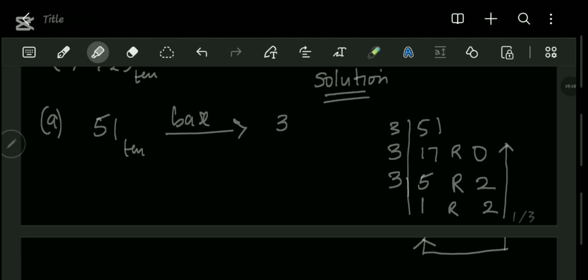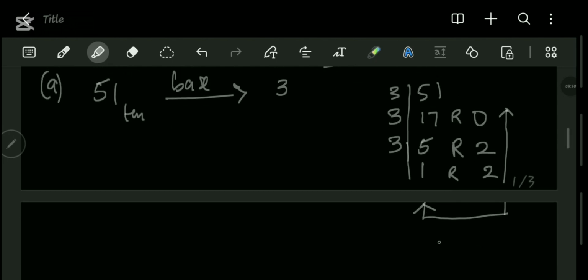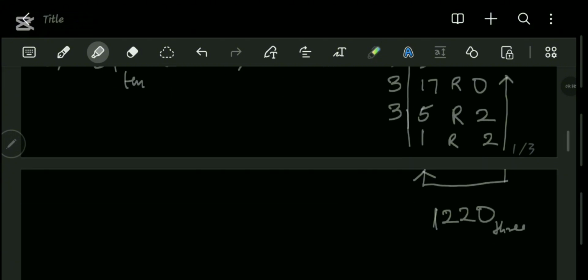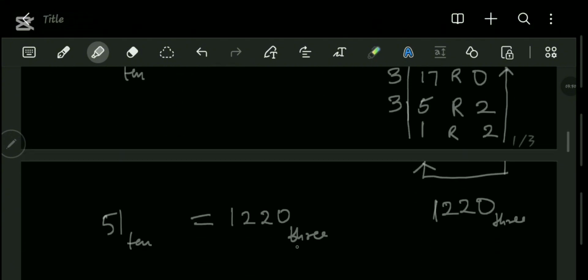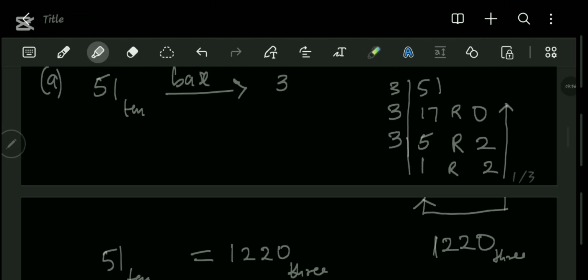It means I'm going to have 1, 2, 2, 0 in base 3. So 51 in base 10 is equal to 1220 in base 3. Since this is base 3, the digit 3 must not appear, or numbers bigger than 3 must not appear in the range.